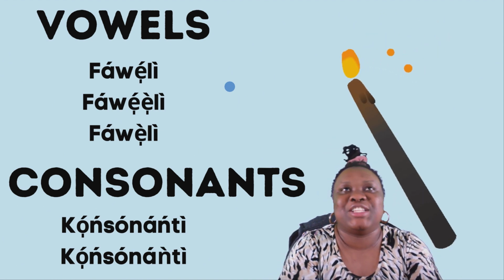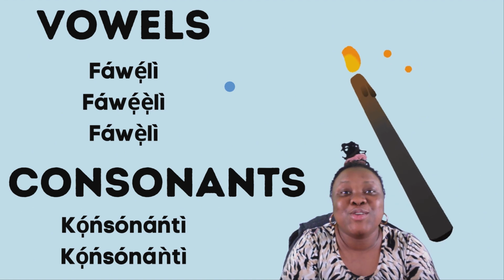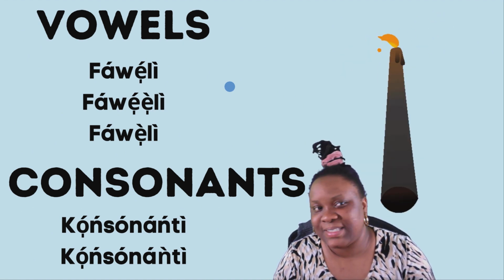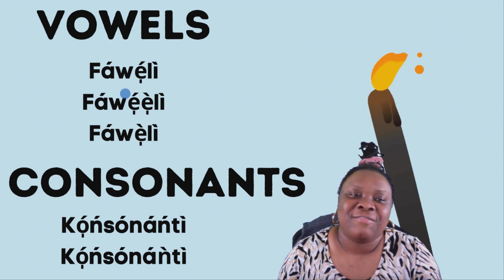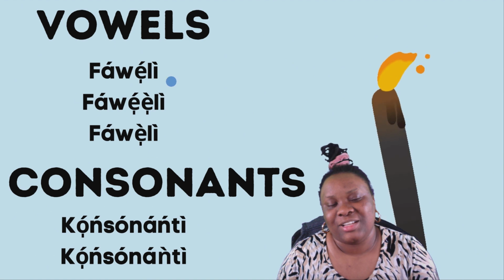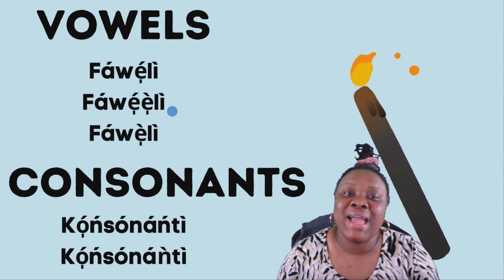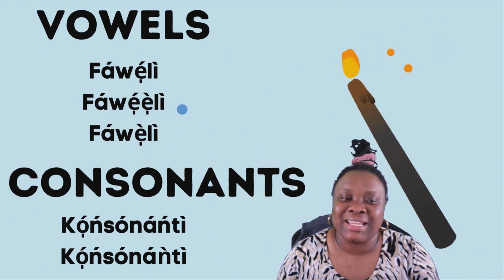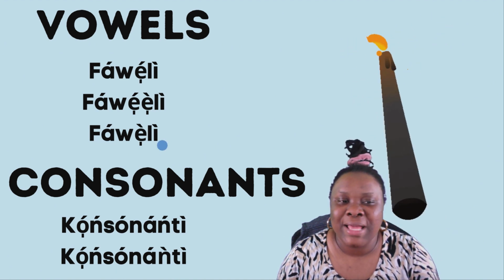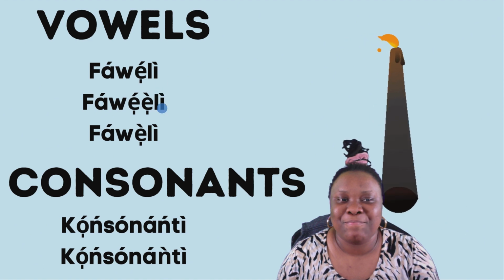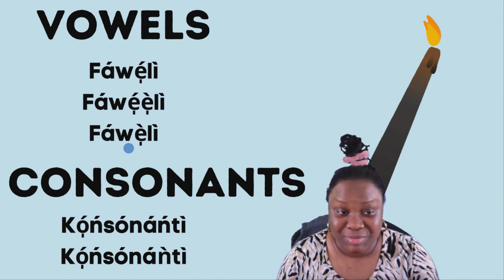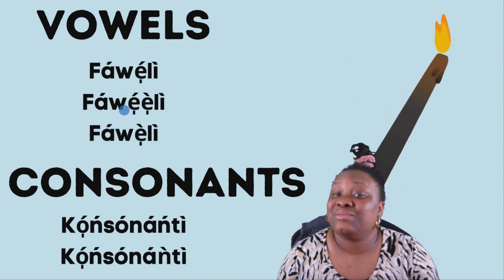Just like in the English language, in the Yoruba language, we also have vowels and consonants. You may hear "faweli" pronounced in different ways. When people refer to vowel, if they pronounce it like any of these three, it is right.